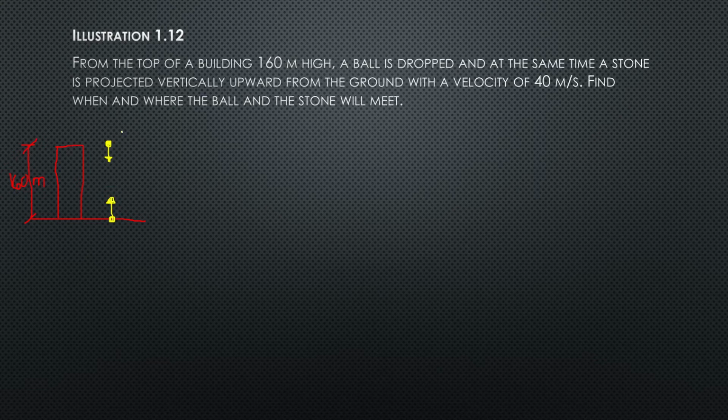So let's say point A is the ball and point B is the stone. So the initial velocity of the ball is 0 because the ball is simply dropped from the top of the building, and the stone is thrown vertically upward with an initial velocity of 40 meters per second.